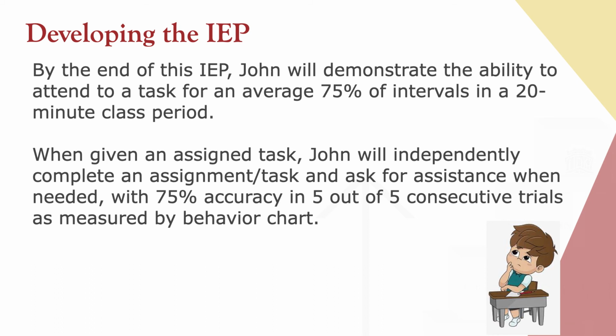By the end of this IEP, John will demonstrate the ability to attend to a task for an average of 75% of intervals in a 20-minute class period. Another goal could be, by the end of this IEP, when given an assigned task, John will independently complete the assignment or task and ask for assistance if needed, with 75% accuracy in 5 out of 5 consecutive trials as measured by a behavior chart.